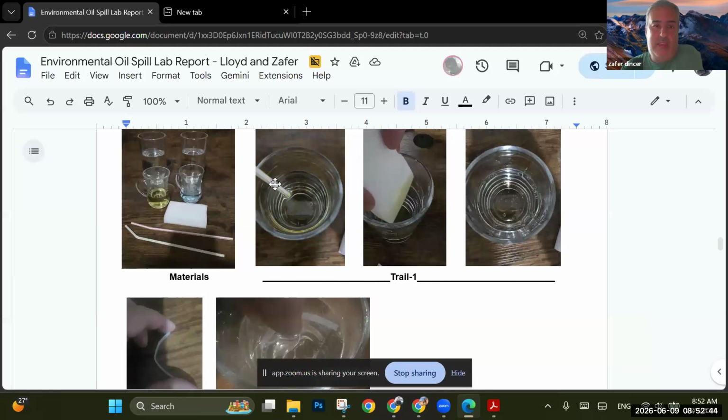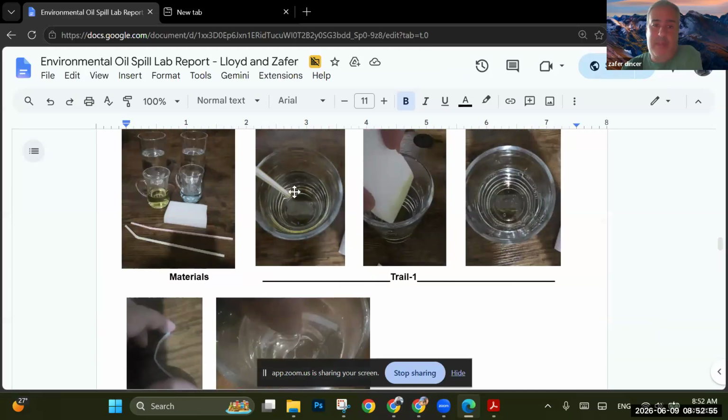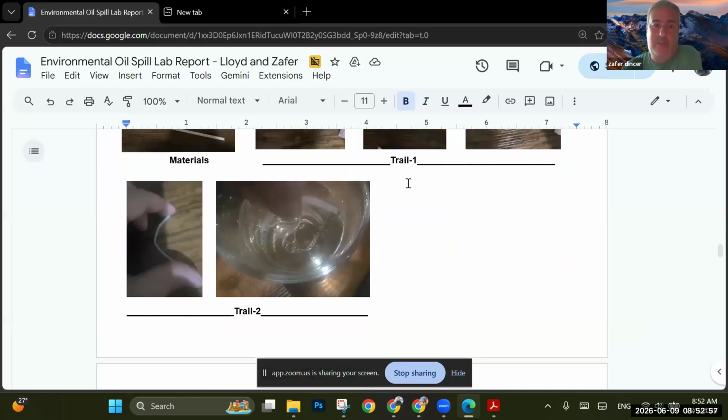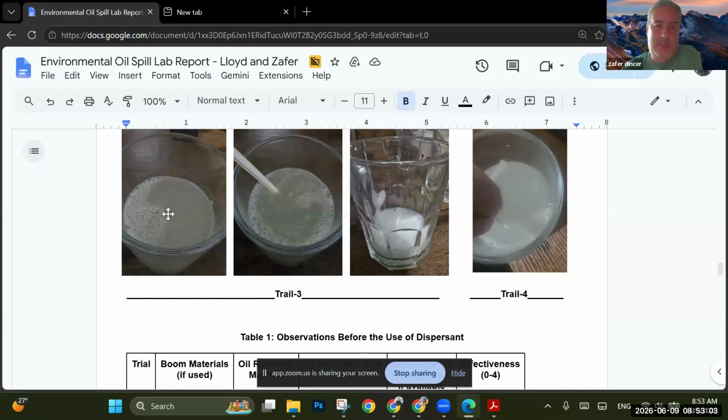And then I used the straw for both methods to push and collect the oil at one side of the glass. And that's the sponge I used to absorb the oil. The second one looks really different when the soap is added.